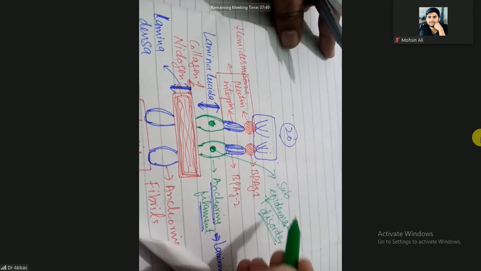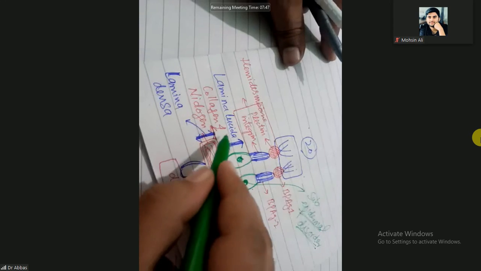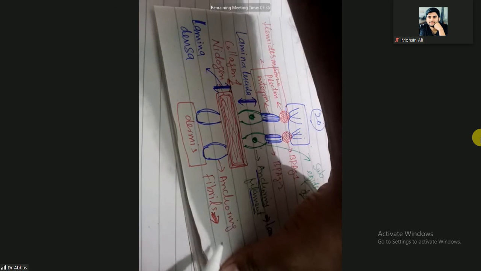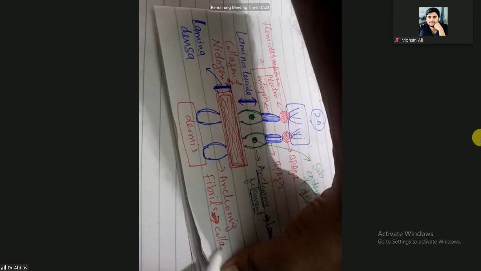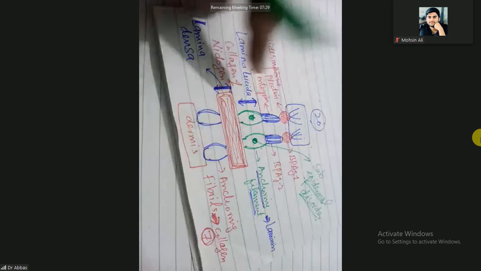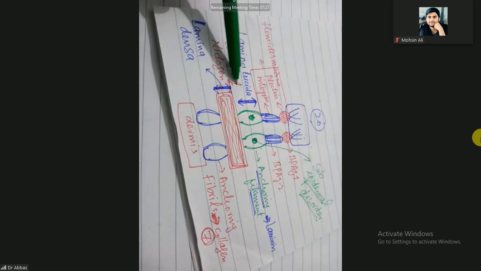It means what are the different disorders of the lamina lucida? Keep in mind these anchoring filaments are made up of collagen 7. This is made up of collagen 4, but these are made up of collagen 7.